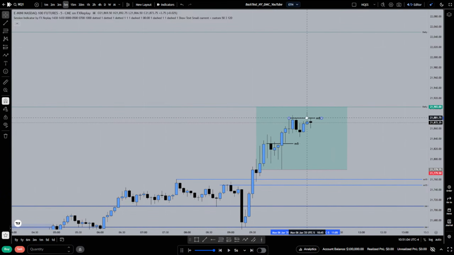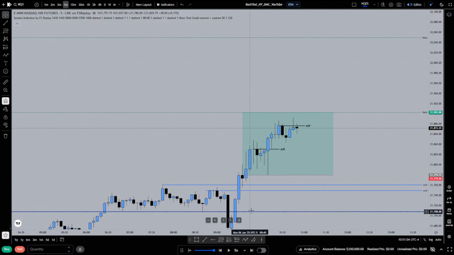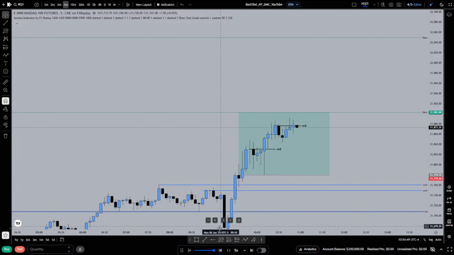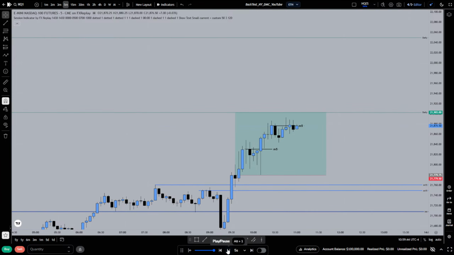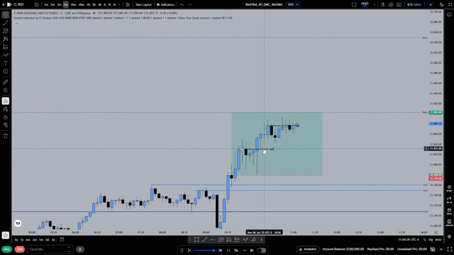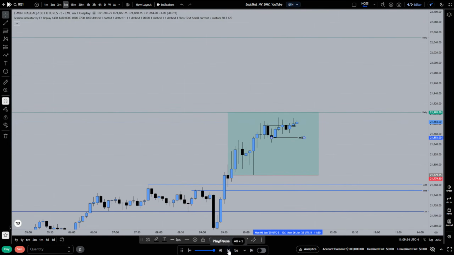Now it's important to start not losing levels. A couple of failures already. See if we go below this area. Okay, we close above it slightly.